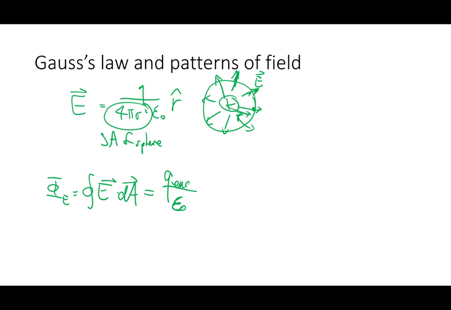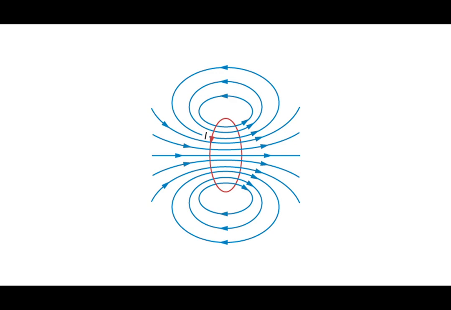So can we do the same thing with magnetic field? But the funny thing about magnetic field is it always comes in these loops. If you have a loop of current, in this case right in the middle, it's more or less like a straight line, but most other places the magnetic field is creating a loop.